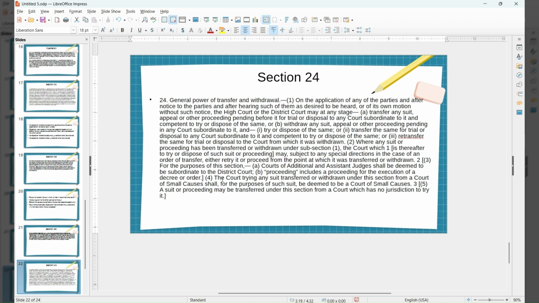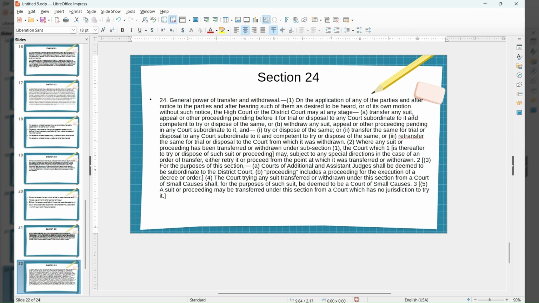After hearing from both sides, the arguments and the benefits, the High Court or the District Court will decide at any stage. We'll read the further definition.